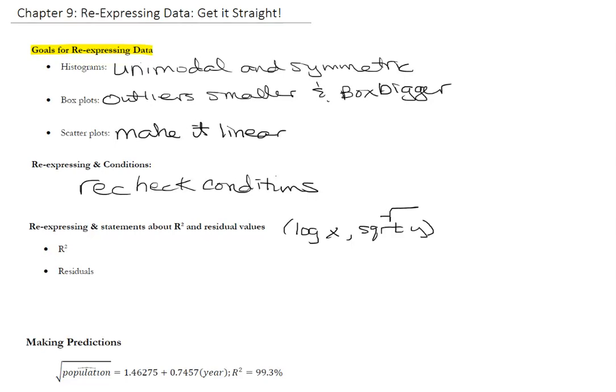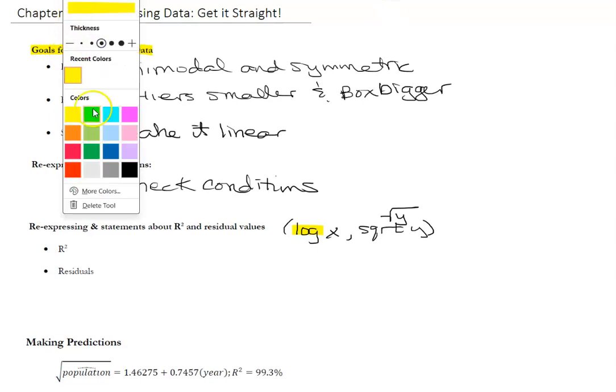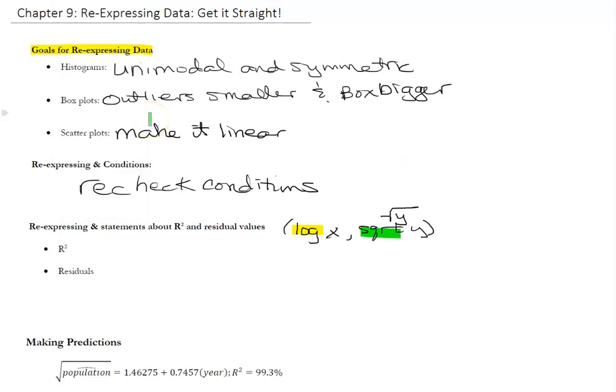Whatever you do, you have to include that in your sentences. So if I take the log, I have to talk about the log of x, not just x. And if I take the square root, I have to talk about the square root of y, not just y.